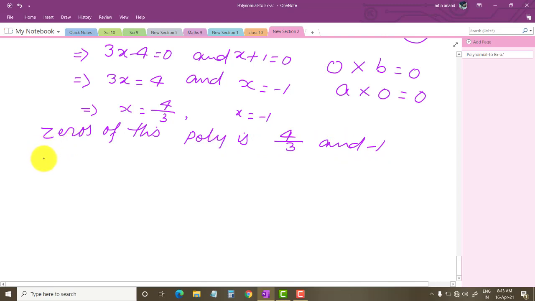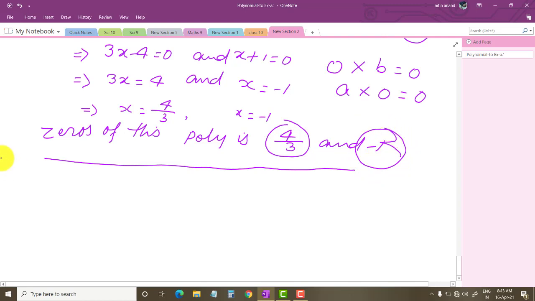Now we have to verify, based on the relation between coefficients and zeros. Suppose that this is the first zero and this is the second zero. Then we will write the sum of zeros. The sum of zeros will be 4 by 3 plus minus 1, it becomes 4 by 3 minus 1.